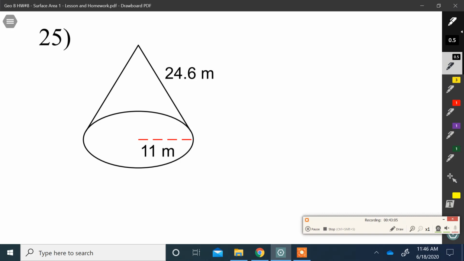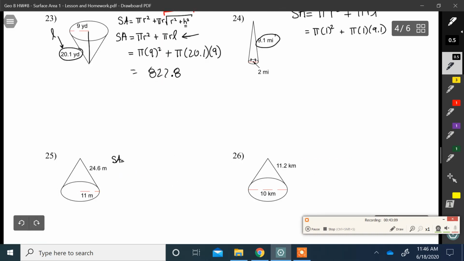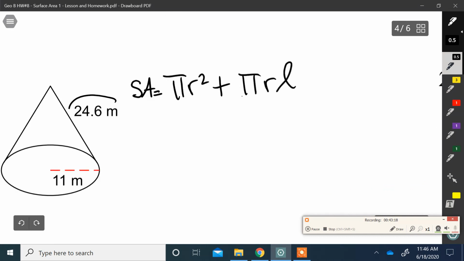Once again, the formula for this one, I wrote it down over here, is pi r squared plus pi r l, where this right here is my L, this right here is my radius, and that's all I need to use.